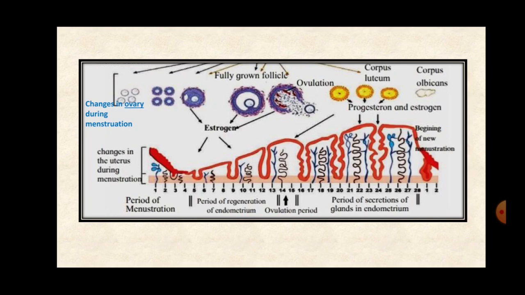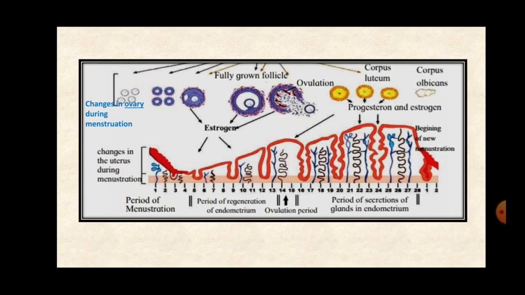Clear? Now hormones have stopped being secreted. So the endometrium will start to degenerate in absence of these two hormones. Because if you remember, under the influence of progesterone, the endometrium was secreting its secretions. Now progesterone is absent, so the endometrium will not be able to secrete its secretions, and hence the endometrium starts to degenerate.